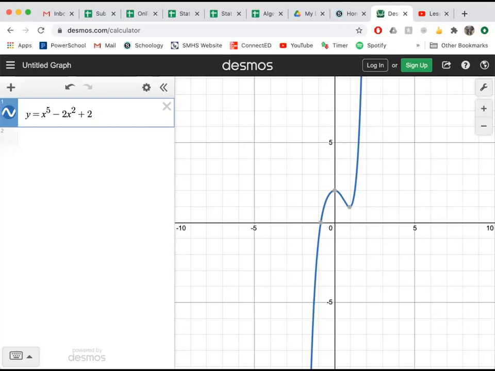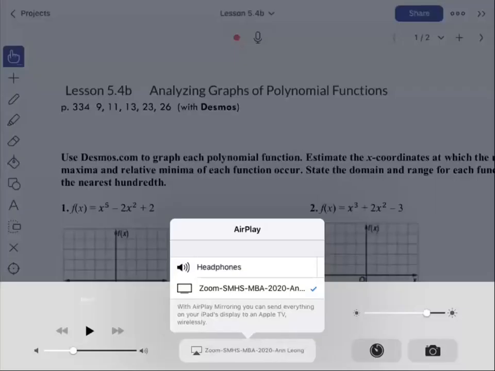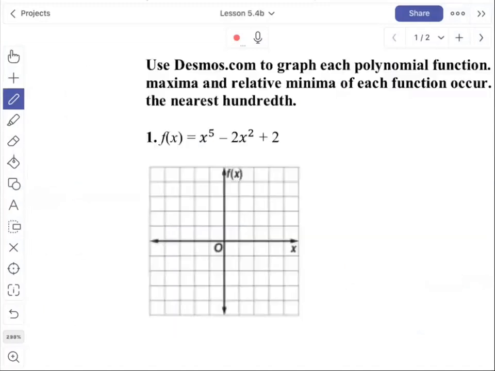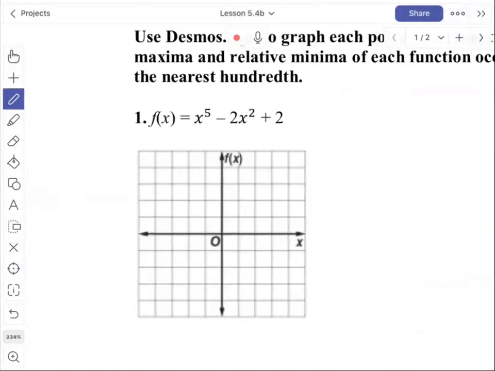Okay, so let me switch to my iPad and make a sketch of this graph. I'm going to highlight those key points on my graph here. 0, 2. It's a pretty solid point. This hits the x-axis a little shy of -1.